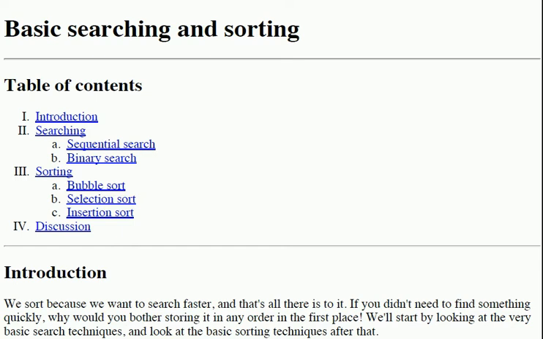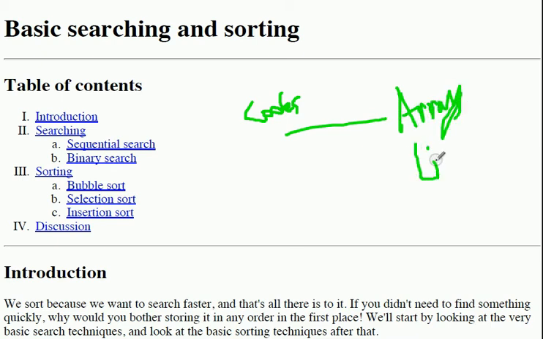Before we go to searching and sorting, let's have a little discussion about the 220 syllabus. The things that are about to come will have codes. You will have codes from arrays and linked lists, and there are different kinds of arrays.